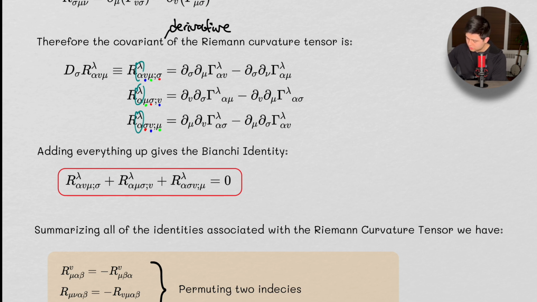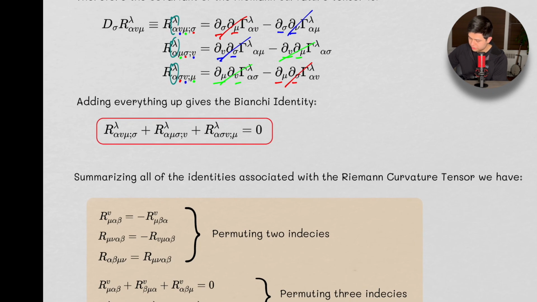So sigma nu, and then nu sigma, and then nu mu, or mu nu, and then mu nu. So these terms will cancel, these will cancel, these will cancel. So we get 0, and so adding everything up gives the Bianchi identity. So this here is the Bianchi identity.